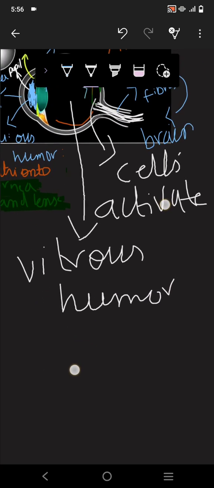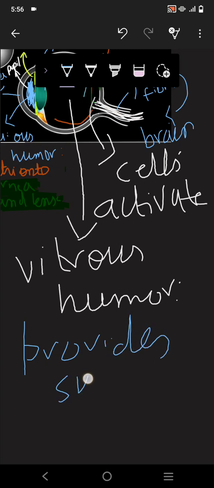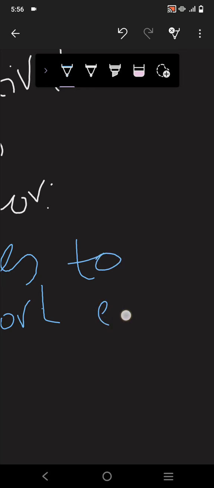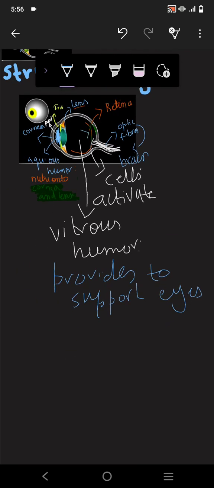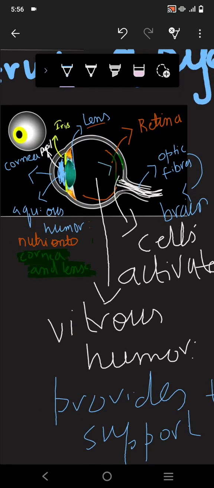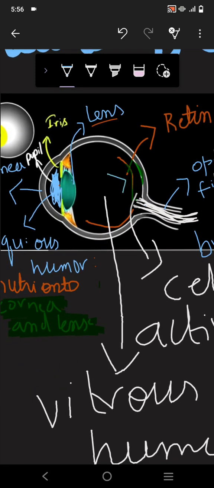It provides support to the eyes. For example, if the vitreous humor is not present, the structure of the eye can become bulgy, it cannot be spherical or in the proper shape.